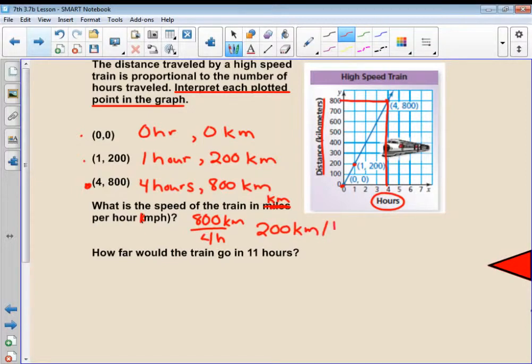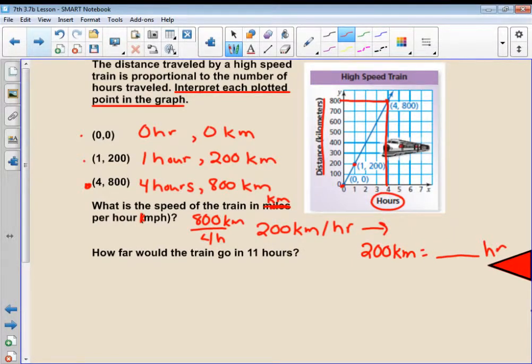kilometers per hour. Now, if they really did want us to change that into miles per hour, we could jump back into what we did back in lesson, I think it was lesson 5 or 6, where we worked with conversions. So our conversion, I'm going to set it up as a ratio and not worry about the fact that it is a rate. I want to convert 200 kilometers into miles.